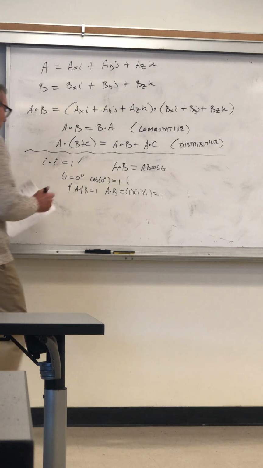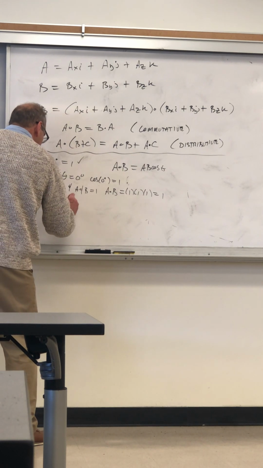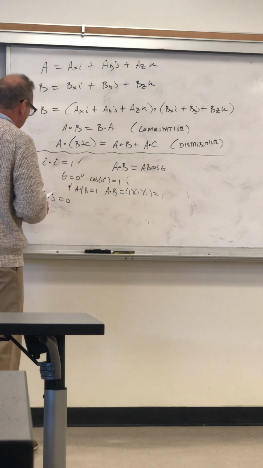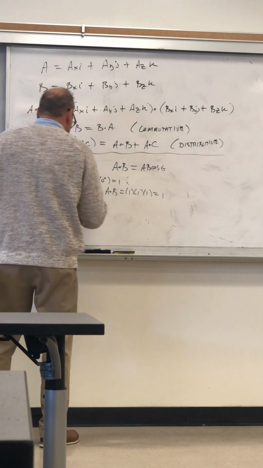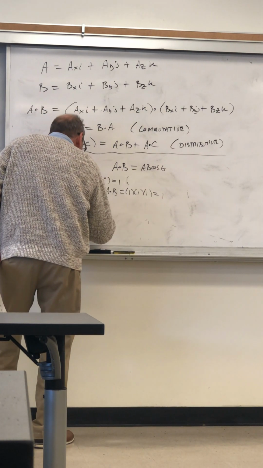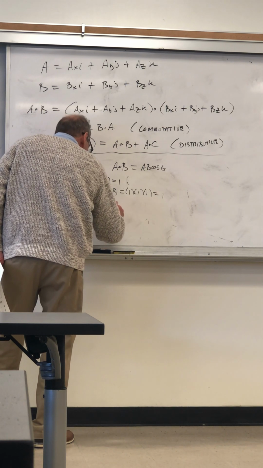I dot J is 0. I dot I is 1. I dot J is 0 because I and J are 90 degrees. And so in this case, we have cosine of theta. So cosine of 90 degrees is 0.